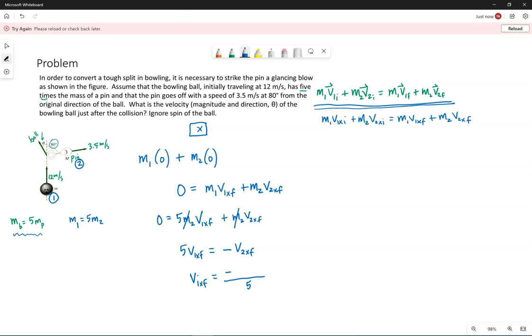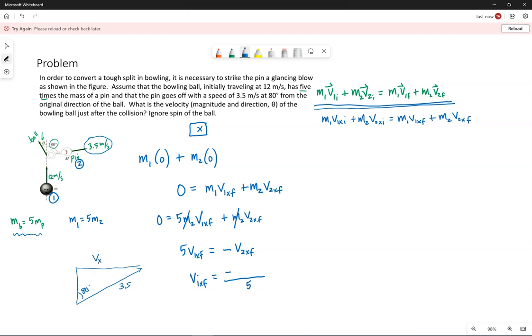So let's figure out v2x final. That is the final velocity of the pin. We know it is traveling at 3.5 meters per second. I'm going to draw this down below and at a slightly different angle just to see it better. So this angle in here, they've told us is 80 degrees.